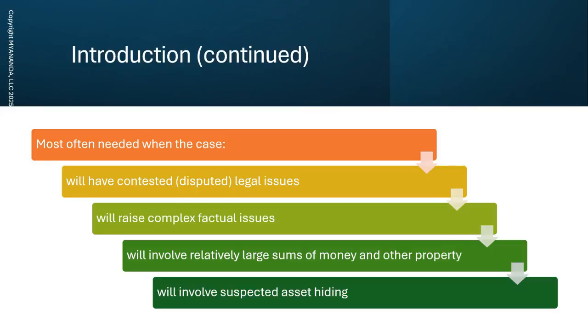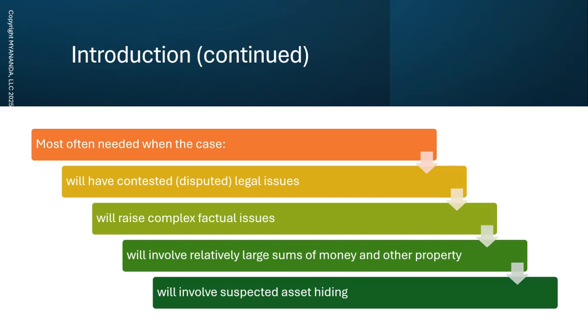This is where that comment I made earlier about who's in the room right now comes in. This is written specifically for paralegals, but we need to keep in mind what is going on at a larger level, in terms of mostly what the attorney is thinking about. But of course, your paralegal prowess will also be thinking about this stuff as a backup. Most often, at this stage we're figuring out whether there's going to be a contested, otherwise known as disputed, legal issue or issues in this case, and will it raise any complex factual issues?